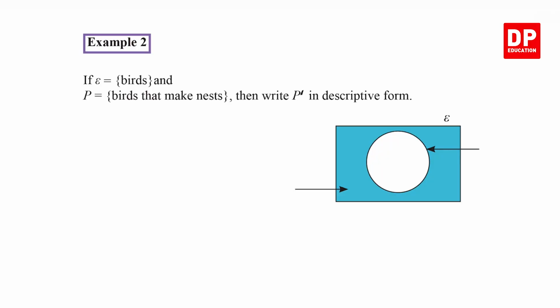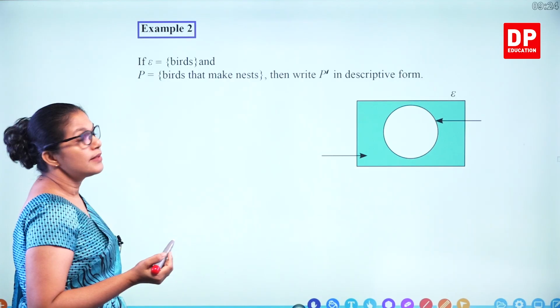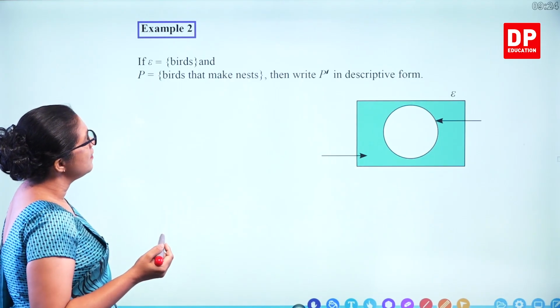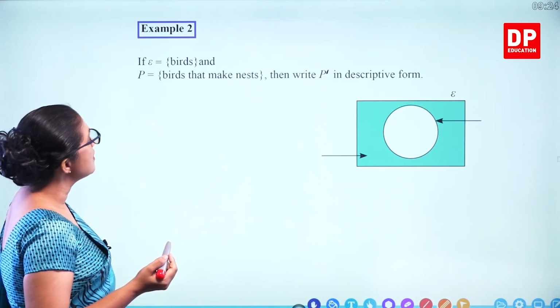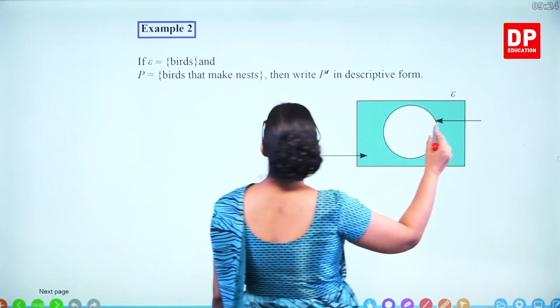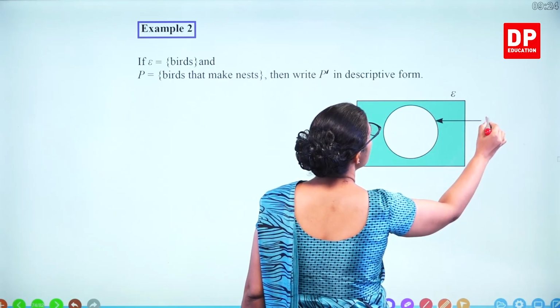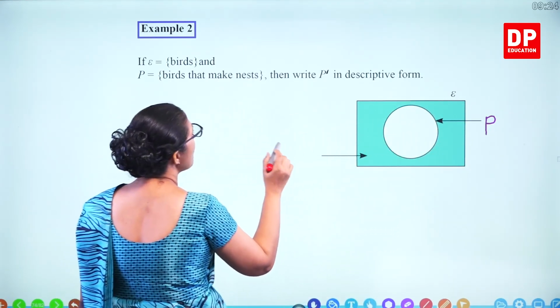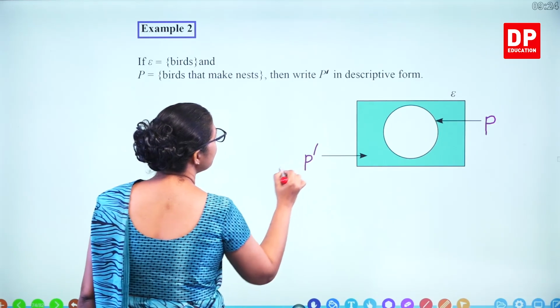Example 2, birds. That's the universal set. Birds that make nests. Then write P dash in descriptive form. So if this is P, this is the outside, P dash. So how can you write P dash?